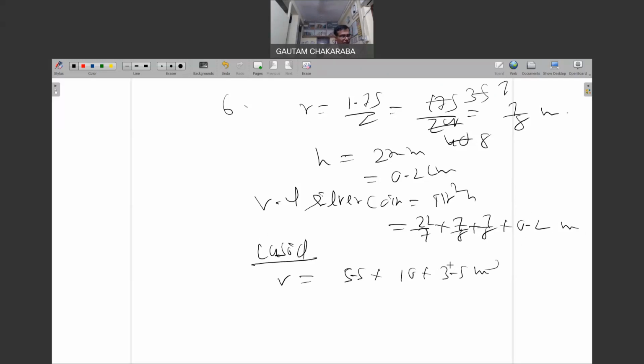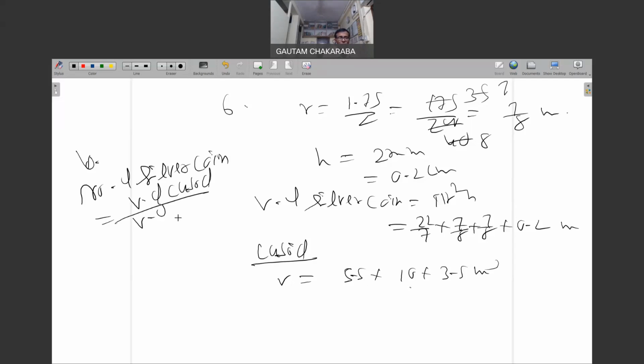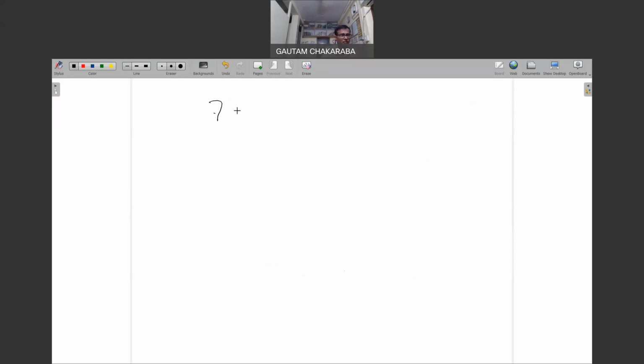So number of silver coins is volume of cuboid divided by volume of each silver coin, because you make the silver coins from the cuboid. Okay, you can do this. I move to the next question.